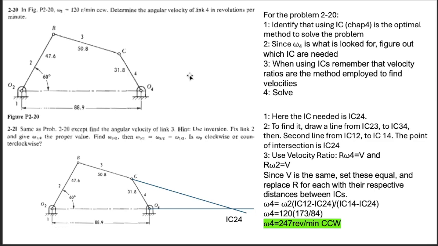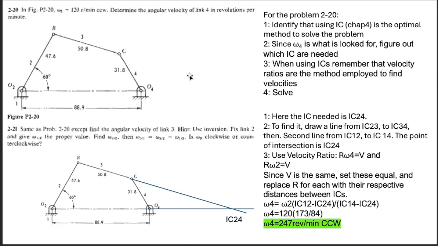This is why I had the chapter 4 video released earlier, because in chapter 4 you learn about instant centers. In chapter 2, although it doesn't introduce instant centers properly, you realize that you need to use them. It's the clearer, easier method of solving.